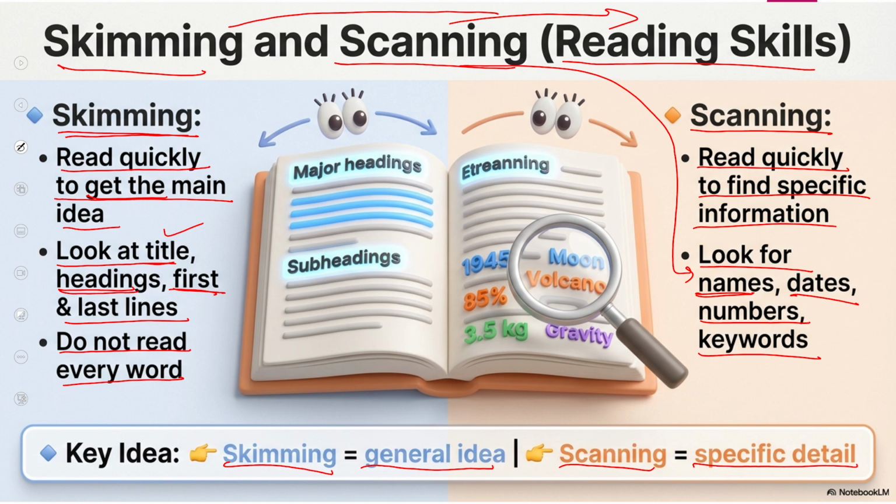This is the difference between skimming and scanning. In skimming, we look at the major headings and subheadings and the first and the last lines. And in scanning, we read quickly for the specific information, the names, the dates, and numbers, right? This is skimming and scanning.